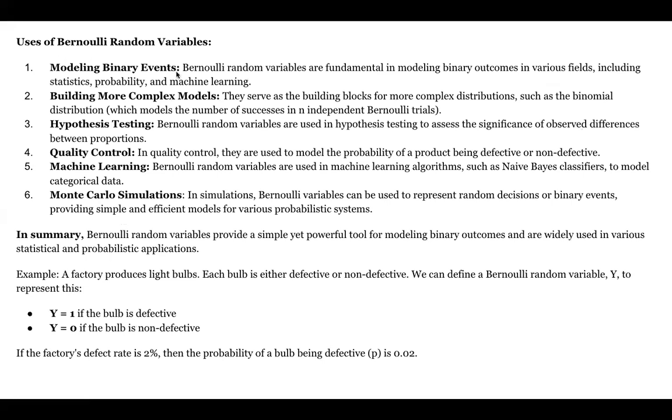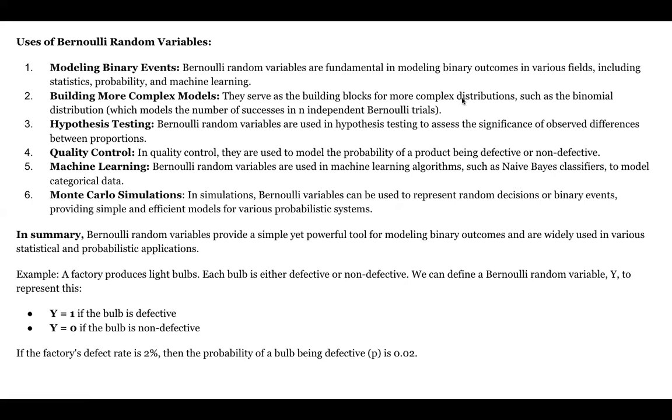Now, where is it used? It's used in modeling binary events, as we said. It is also used in modeling Bernoulli distribution, which is the distribution of events happening or not happening. It's also included in statistics, probability, and machine learning. It is also used in building more complex models.